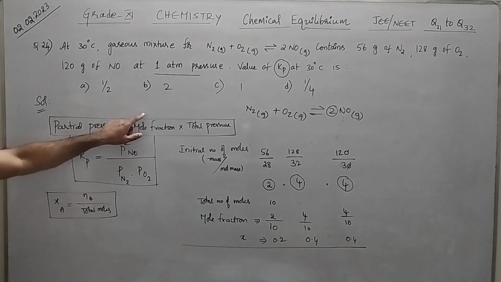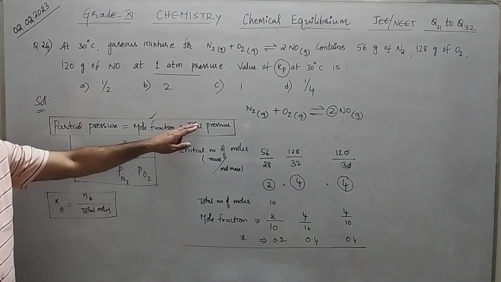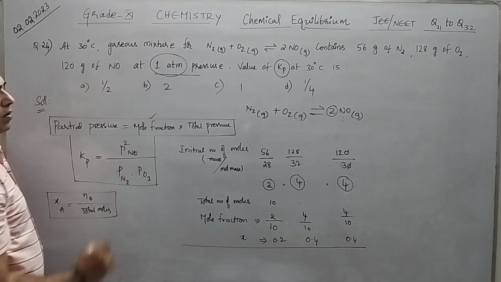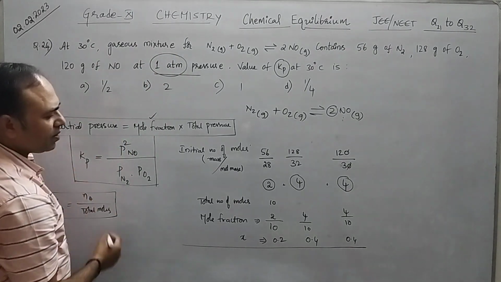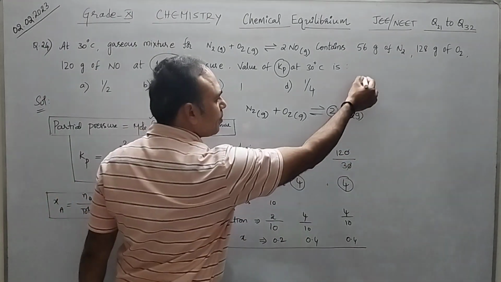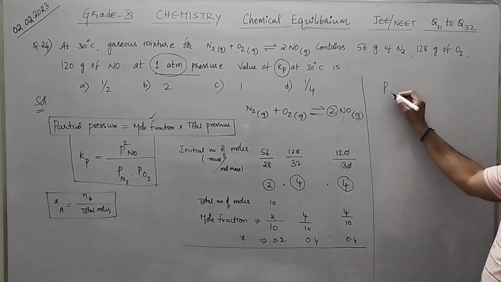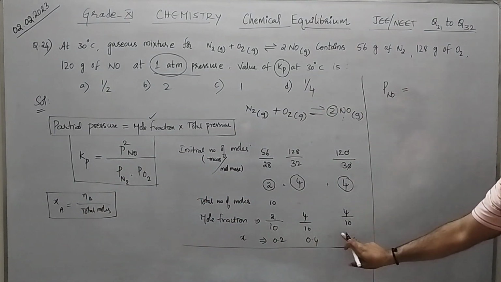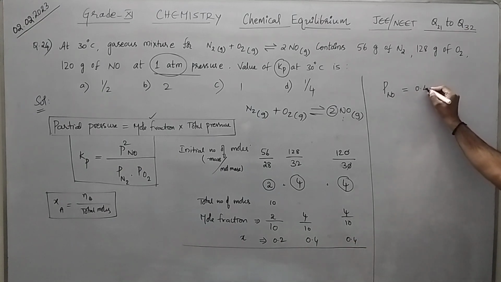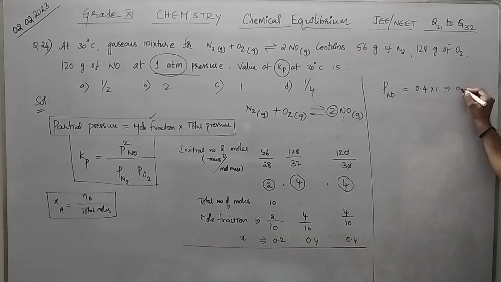Now you got the mole fraction. What is the total pressure? It's 1. So hence we can find out the partial pressures. You can calculate it separately. The partial pressure of NO: 0.4 into 1, nothing but 0.4. You can write the unit also, atmosphere.